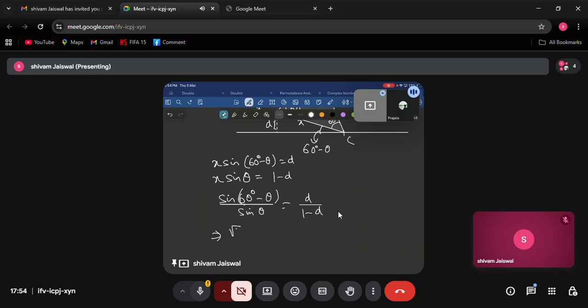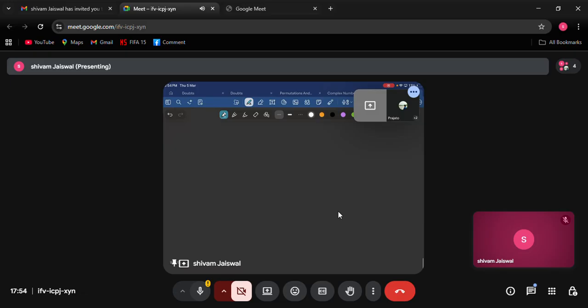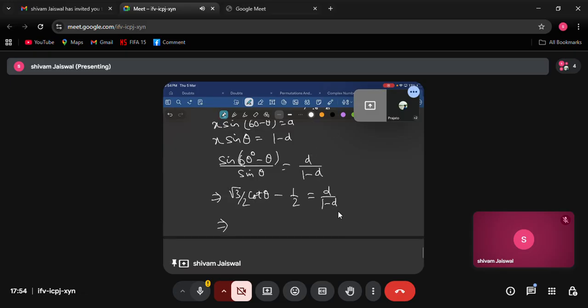So in the numerator we have root 3 by 2 into cos theta, divided by sin theta, that is cot theta, minus cos 60, which is half, into sin theta. So from here we will get the value of cot theta is equal to d by 1 minus d. We get the value of cot theta in terms of d.